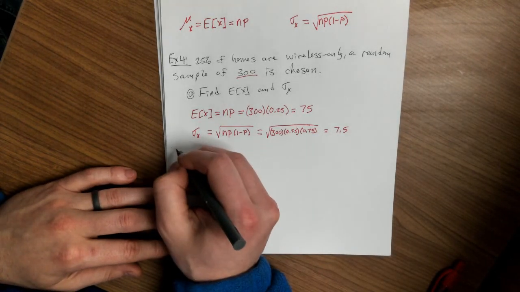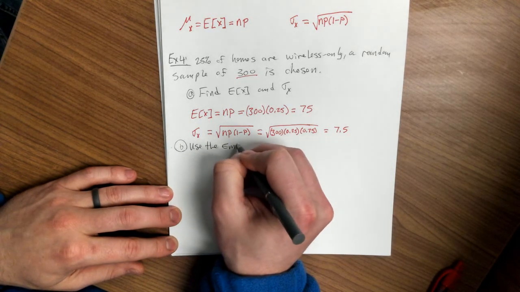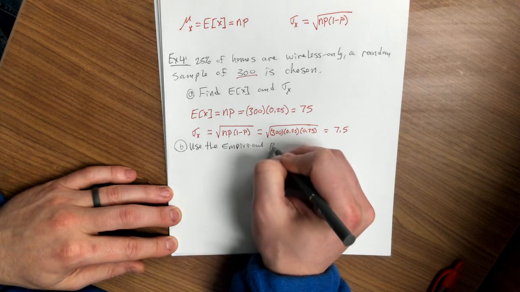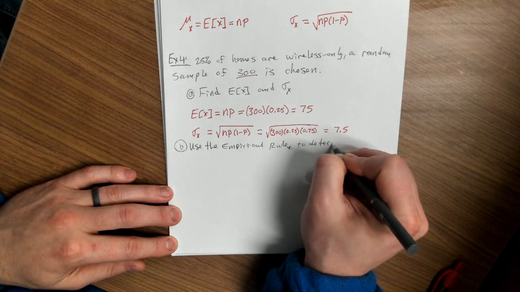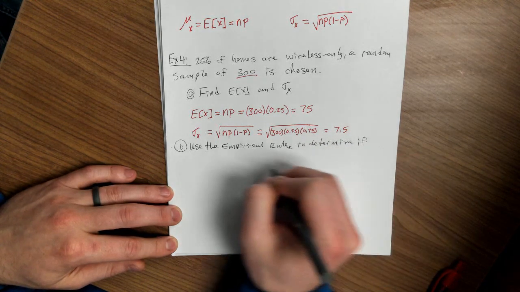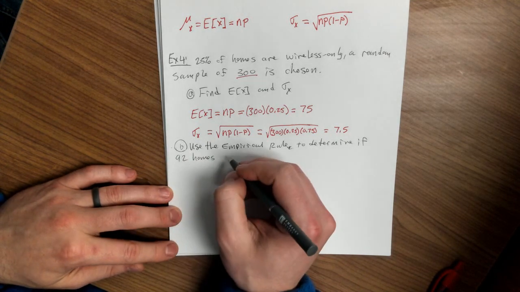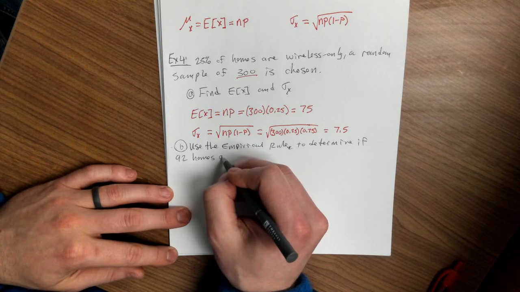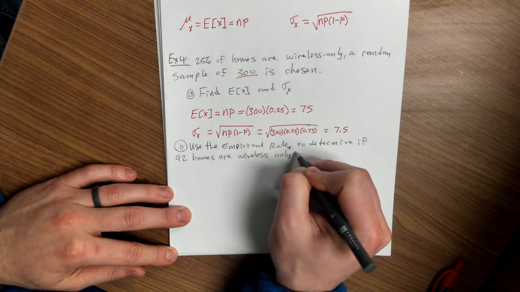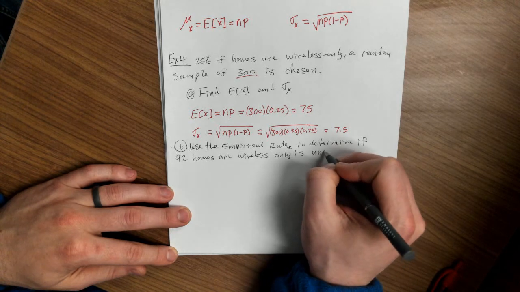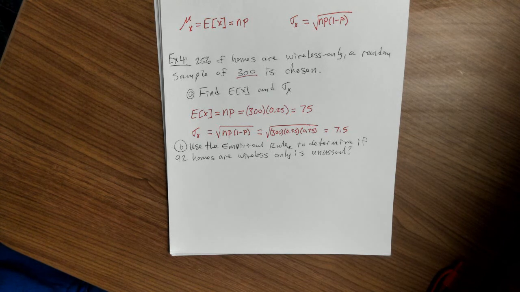So part B, use the empirical rule to determine if 92 homes wireless only is unusual.